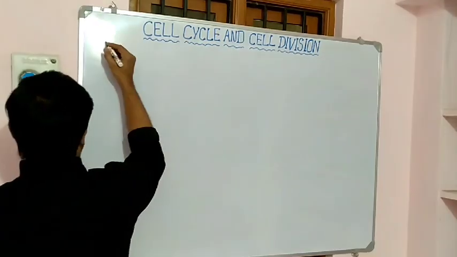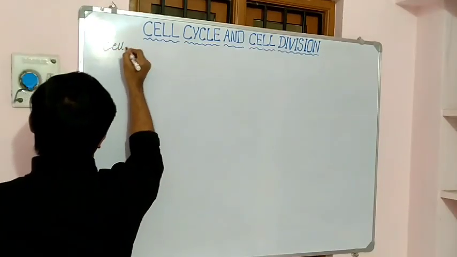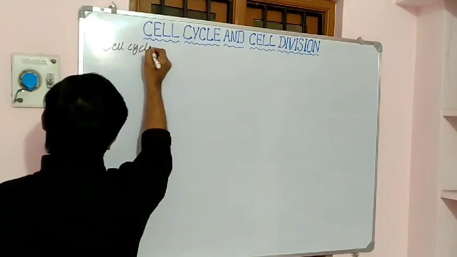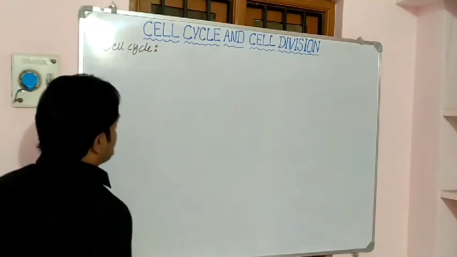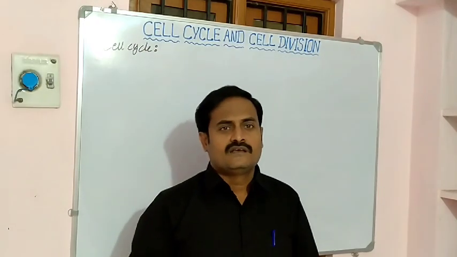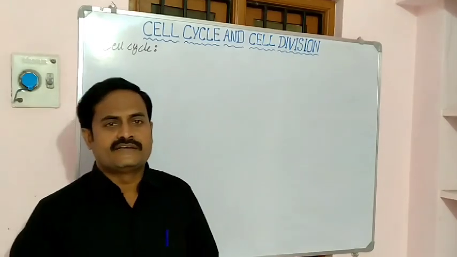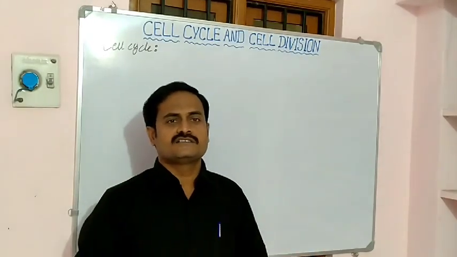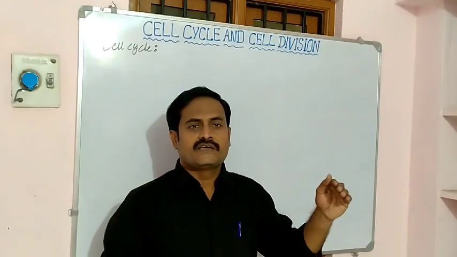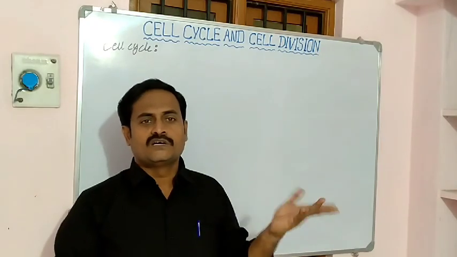What is the cell cycle? The cell cycle means a series of events which occur in the cell, and then it becomes two daughter cells.